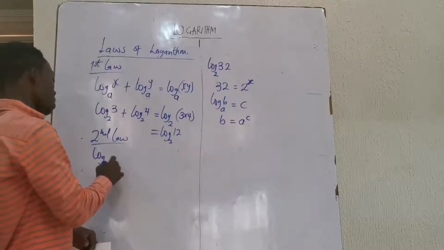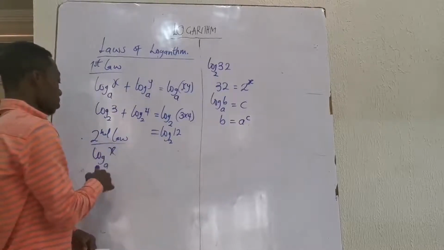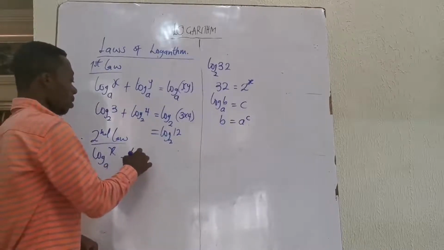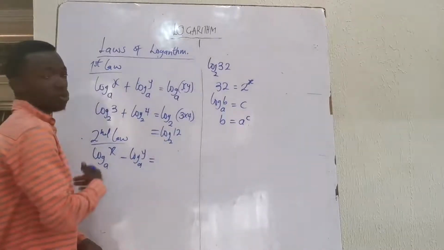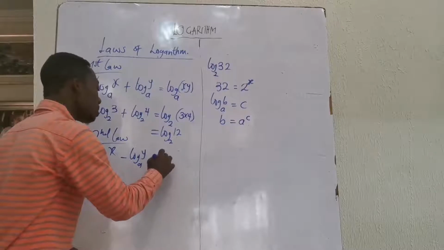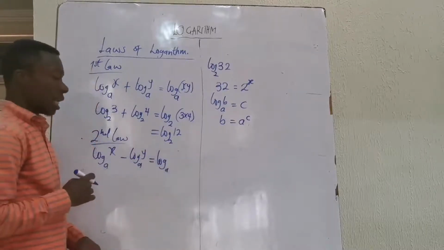So if I have log of x to the base of a minus log of y to the base of a, we are saying that this will result in a division. So here, all I will need to do is to repeat my log with the base of a.